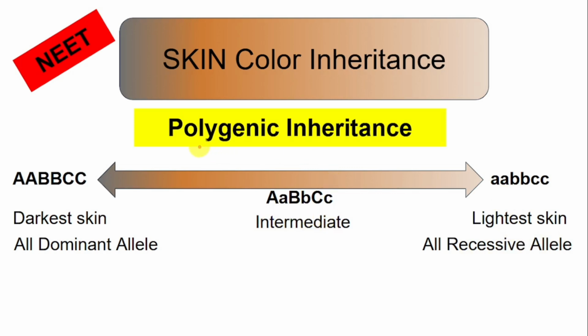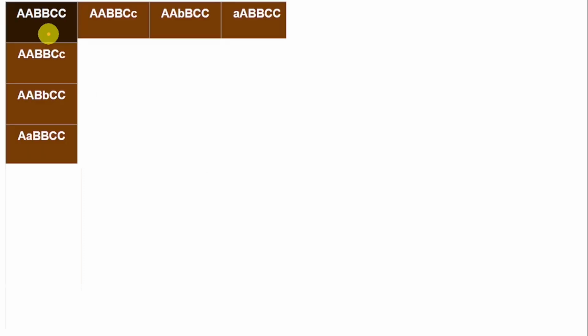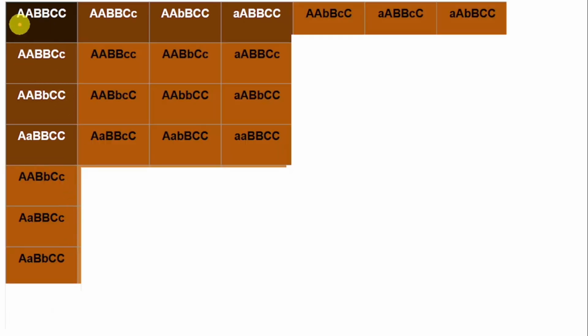This is called polygenic inheritance because multiple genes are involved here. So this is the darkest complexion. Then in all these boxes, you can see just 1 allele is recessive, 5 are dominant. So this is lighter than this one. Here you had 6 dominants, here 5 dominants.